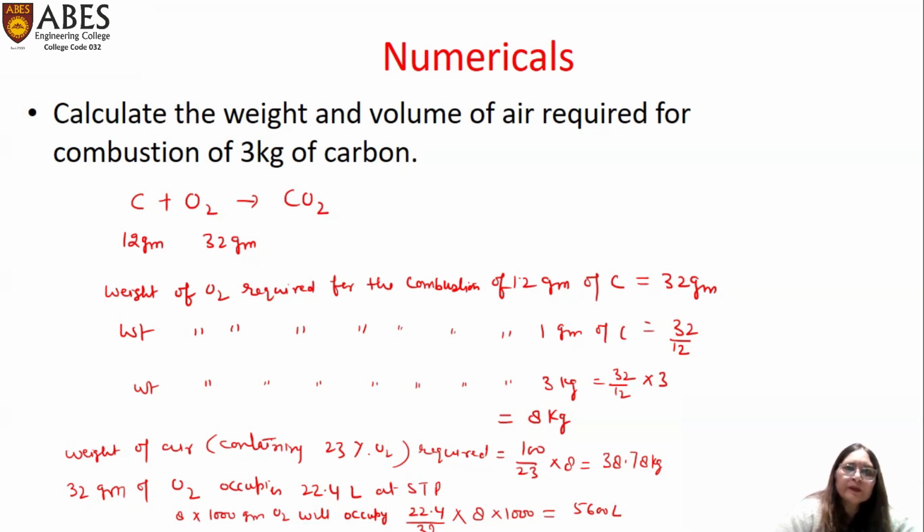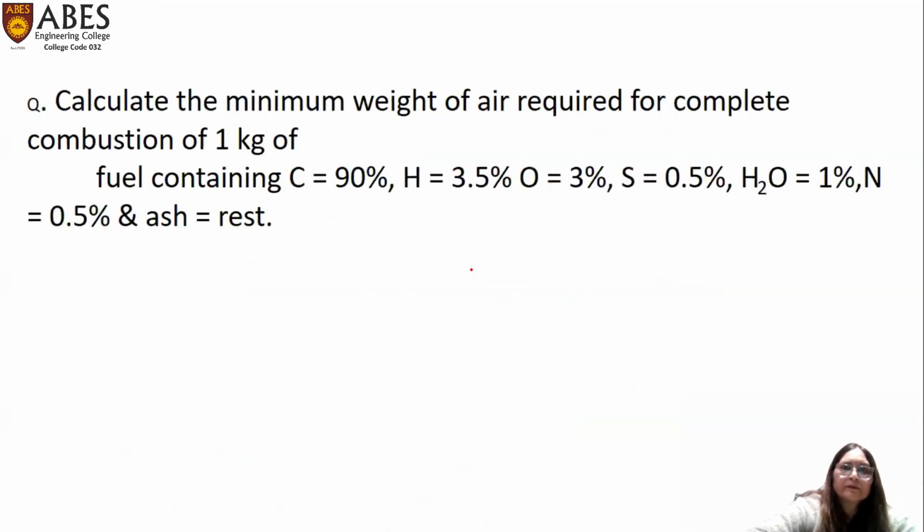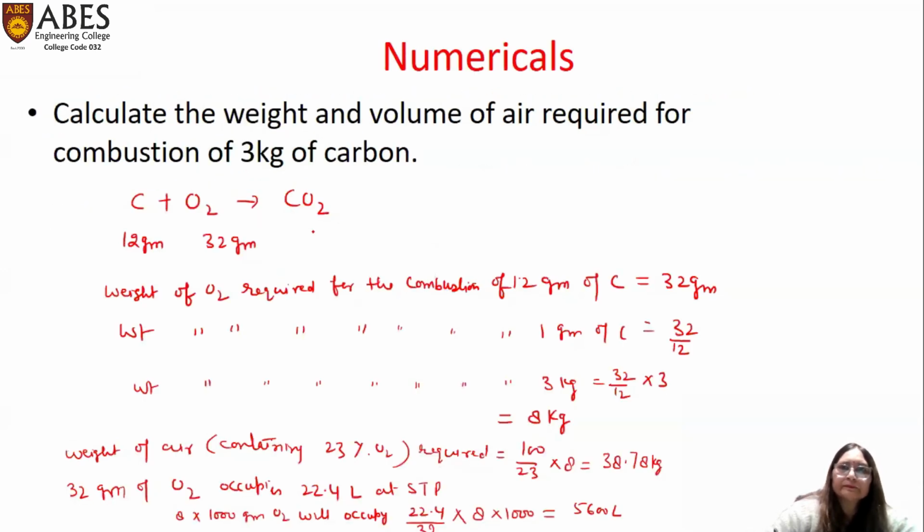According to volume, air contains 21% oxygen. 100 upon 21 into 5600.